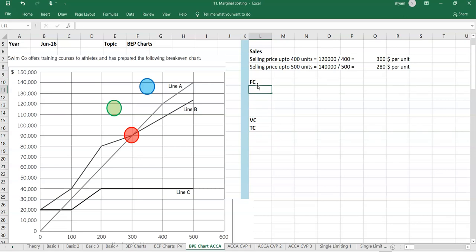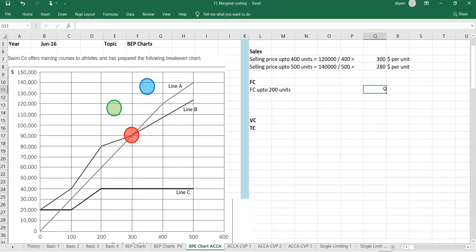Fixed cost line, if you see, again, fixed cost up to 100 units, it's different. So what it is up to, I think we can't say 100, up to 200 we can say. Okay, up to 200 units, it's the same. At the start of the 200 it is like rising, but up to 200 it seems to be only 20,000.